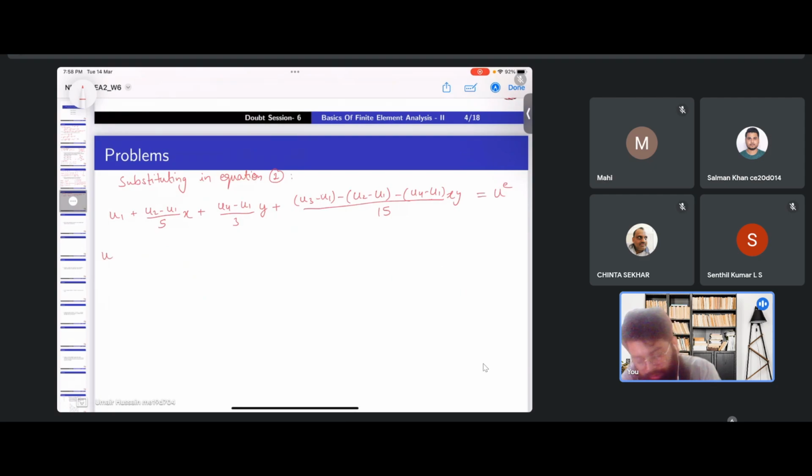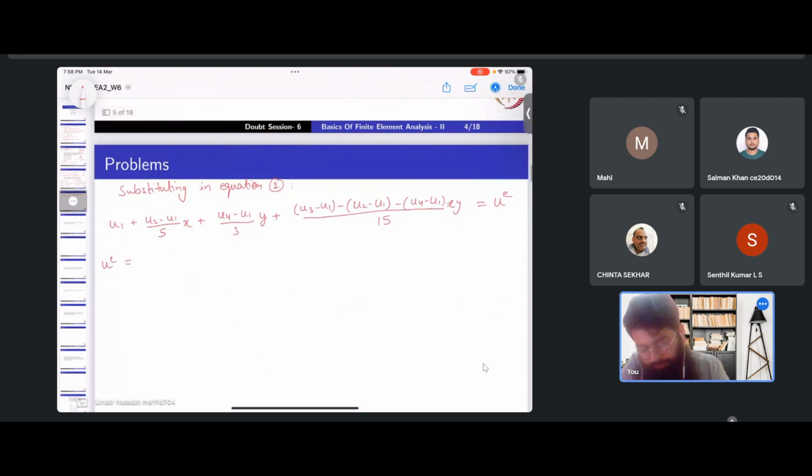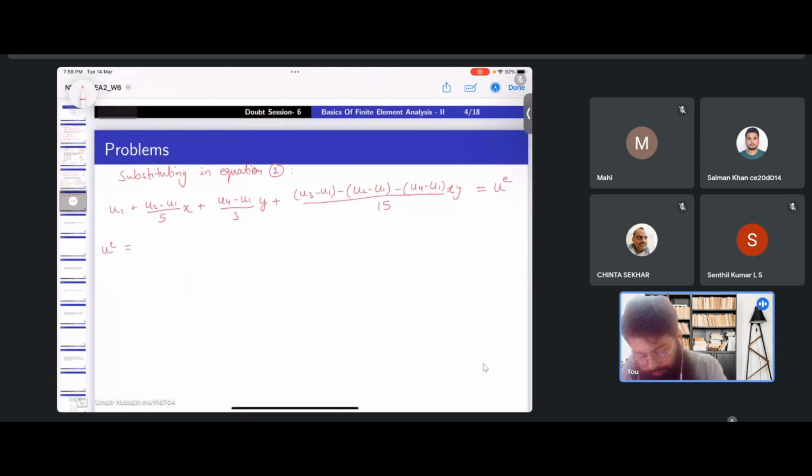So now we try to arrange this in the form of equation 2. We put together all the terms for u1. For u1 we have, first term, second term we have minus x by 5, third term we have minus y by 3, and do we have anything else?